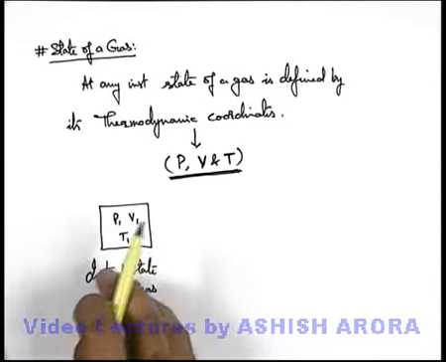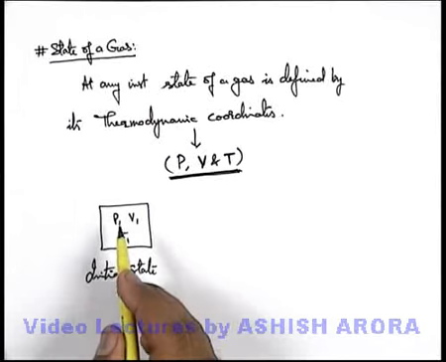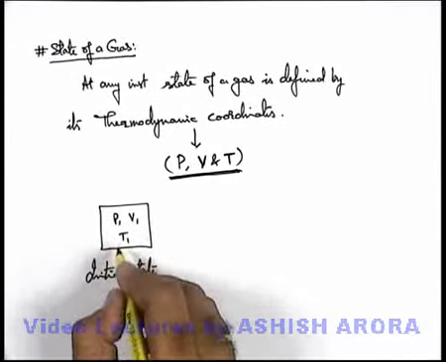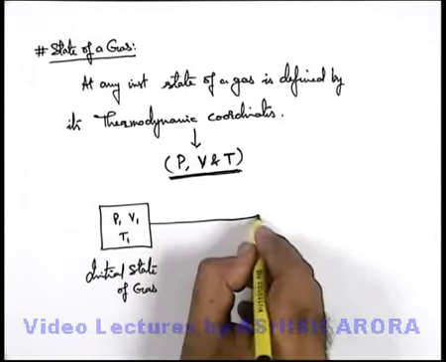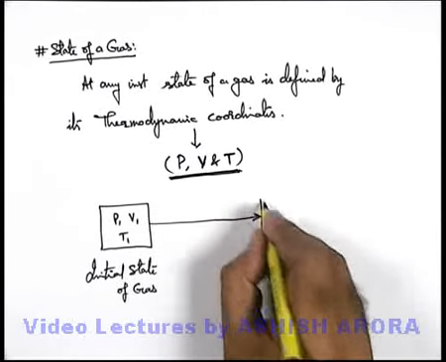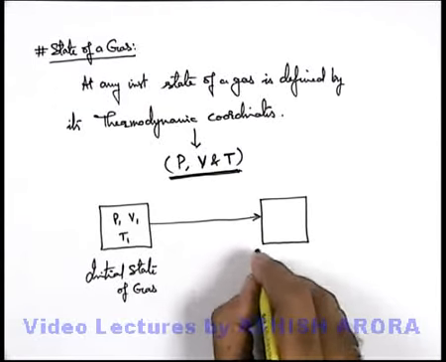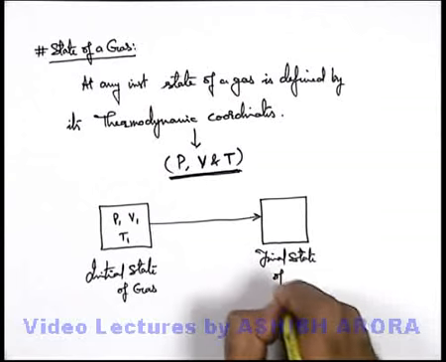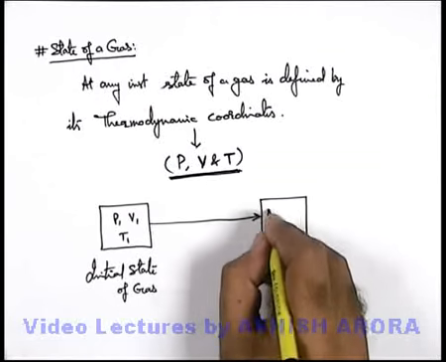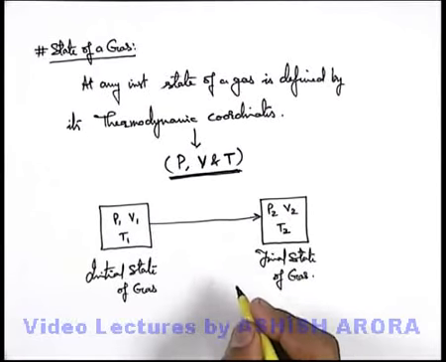And say if it is heated, or by some particular phenomena it is expanded or compressed, or by any means its pressure, volume and temperature are changed, then we are changing its thermodynamic state from initial state to final state of gas, in which its pressure, volume, temperature become P2, V2 and T2.